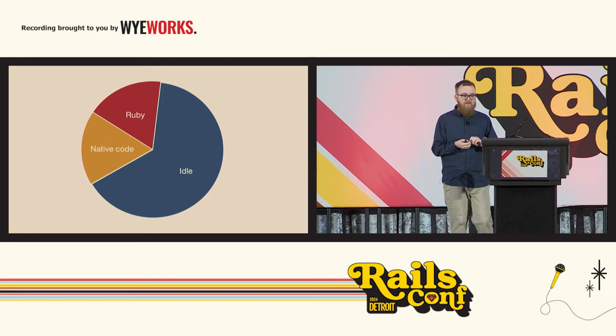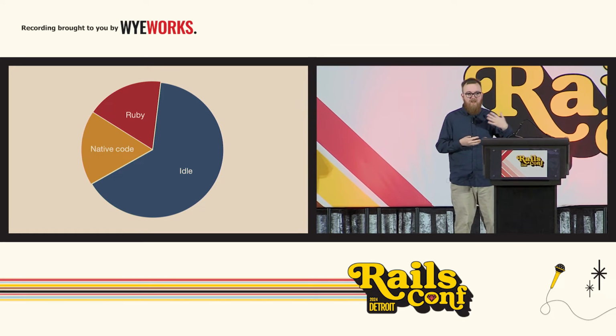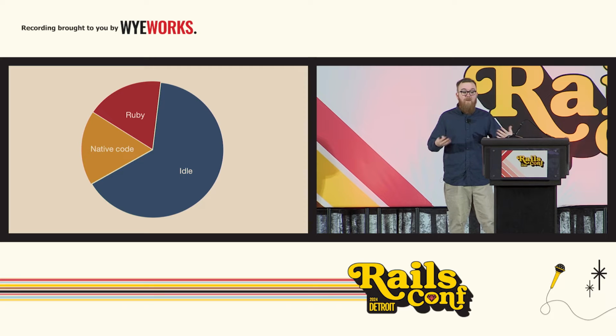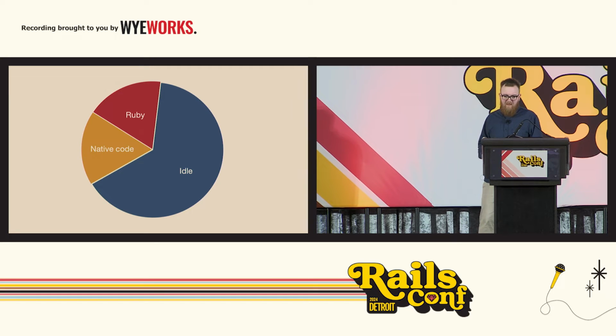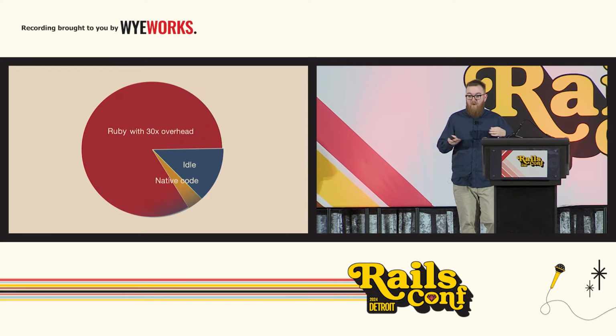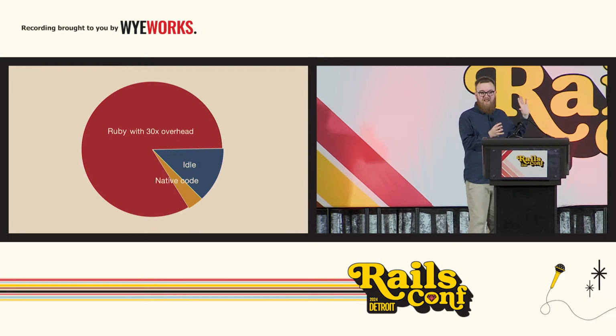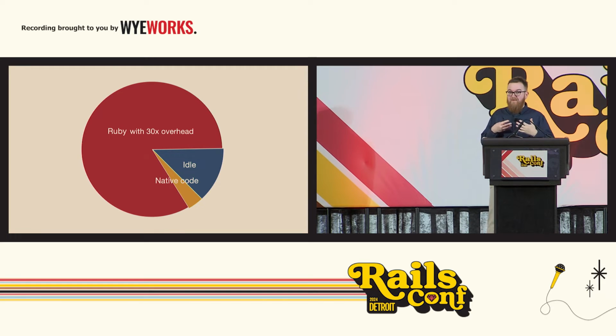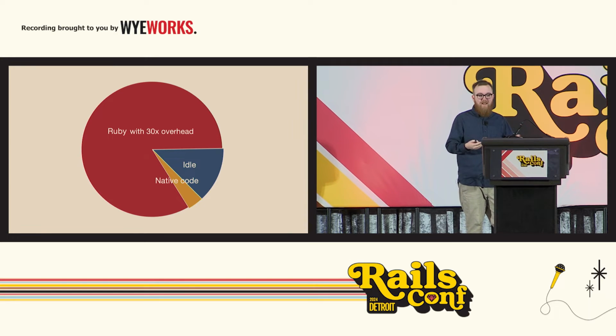Other time is spent inside of native code, usually a C function, like string.split we saw earlier. And then other time is spent idle. But if we are slowing down specifically the Ruby code, we're not going to be measuring the real program. We're going to be measuring a program where Ruby is 30 times slower than it should be. And that could mislead you into trying to optimize the wrong thing or making the wrong trade-off.